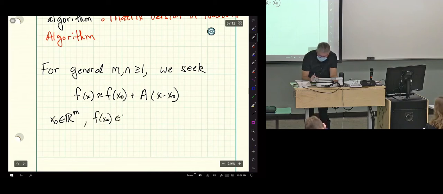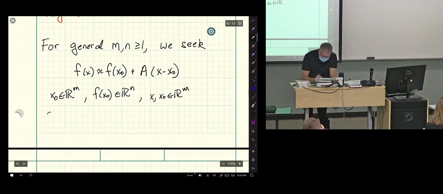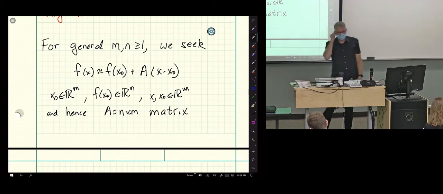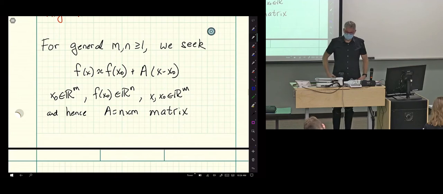F of x0 will be in R^n. X, x0 in R^m. And hence, A is our beloved and cherished n by m matrix, okay? So we're going to replace the scalar with a matrix. Can we do that? Ooh.